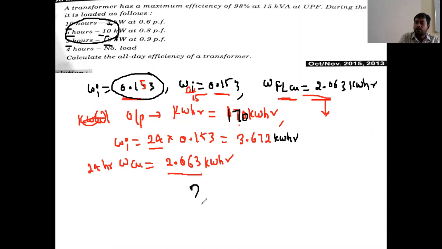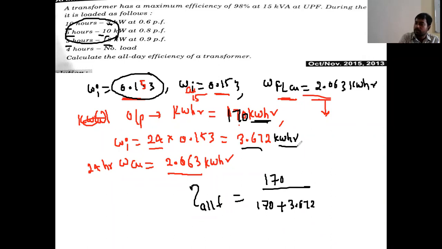Now we need to find the all day efficiency in this way. All day efficiency is equal to the kilowatt hour output, 170 kilowatt hour, over 170 kilowatt hour plus iron loss, 3.672, plus copper losses, 2.063. All are in terms of kilowatt hour.